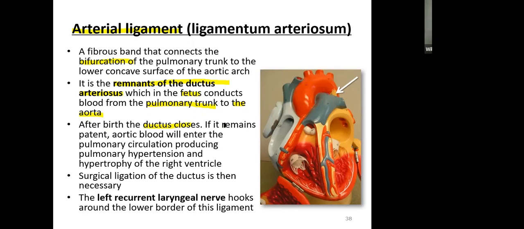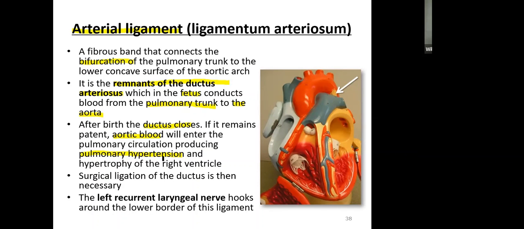After birth, the ductus closes, but not always. Hopefully it closes. If it remains patent, aortic blood will enter the pulmonary circulation and produce pulmonary hypertension, because we're getting a mix of blood from the arterial system into the pulmonary system. So it's a major problem, patent ductus arteriosus.